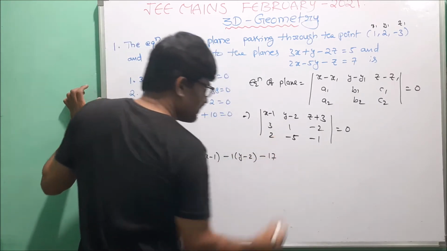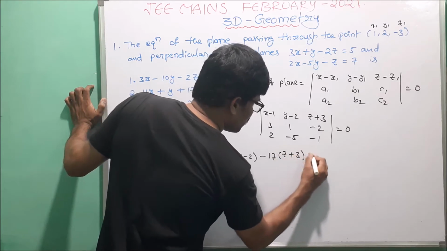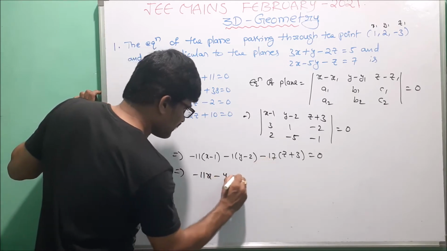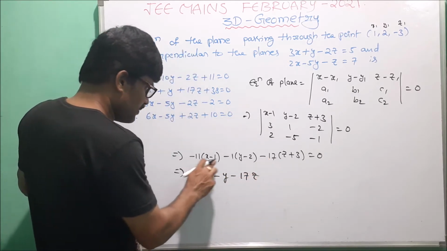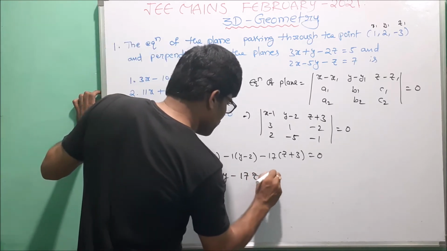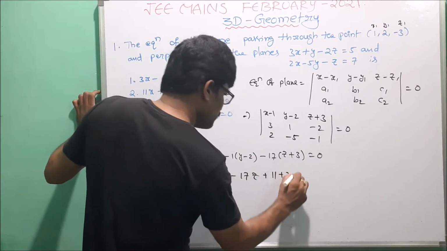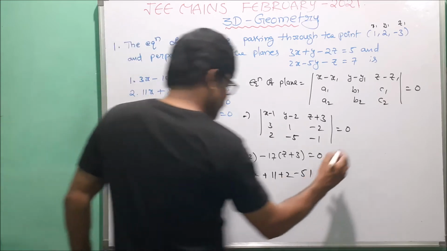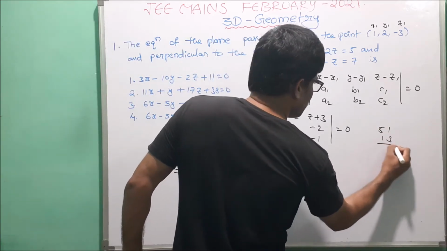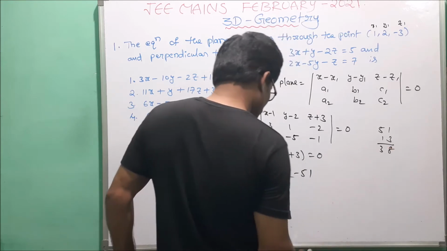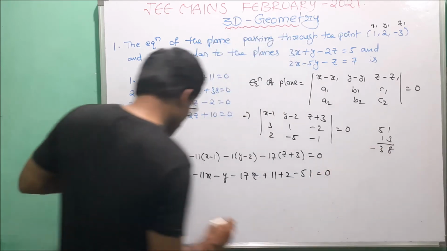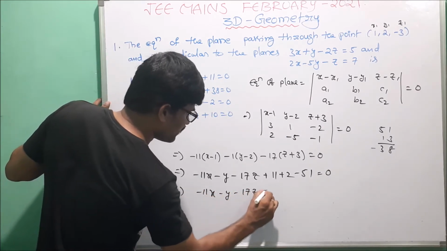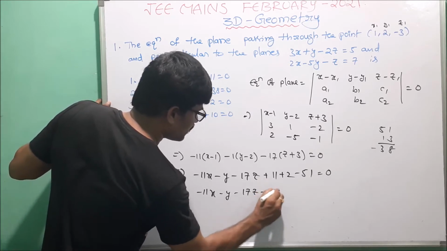So -17 into z + 3 equals 0. Simplifying, this is -11x, -y, -17z, and the constants are +11, +2, -51, which gives -38. So -11x - y - 17z - 38 = 0.